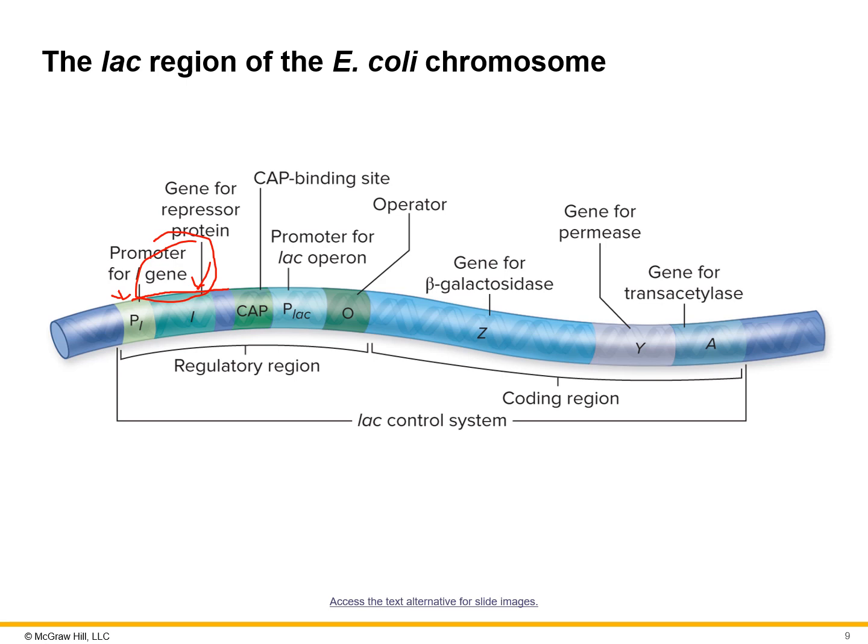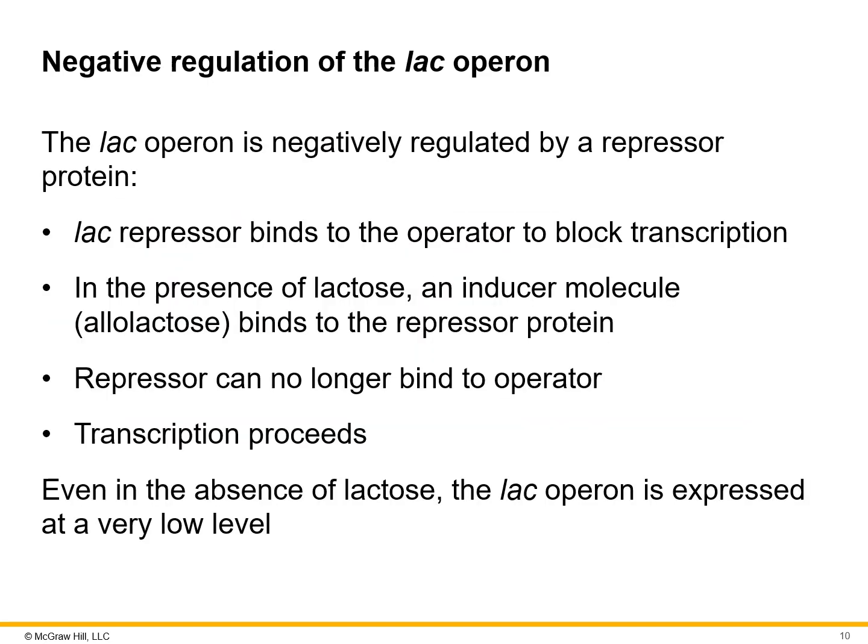And the repressor protein would then bind to the operator. But in certain circumstances, as we're going to see in a moment, this repressor system gets shut down and the repressor protein gets removed from the operator, meaning that RNA polymerase can attach to this promoter and transcribe gene Z, gene Y, and gene A for beta-galactosidase, permease, and transacetylase.